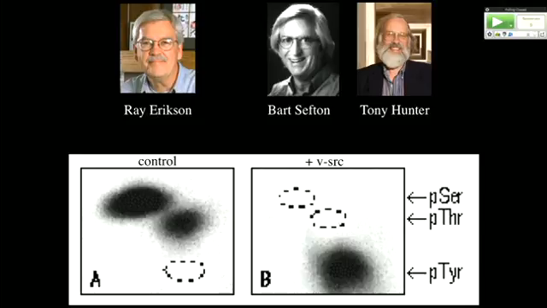However, if you now look at v-Src transformed cells in which we've introduced the viral Src gene, say we infect cells with Rous sarcoma virus and allow a lot of production of the viral Src gene, and then feed those cells radioactive phosphate, and now look at the amino acids that are phosphorylated, one sees that phosphotyrosine essentially takes over as the predominant amino acid that is phosphorylated.